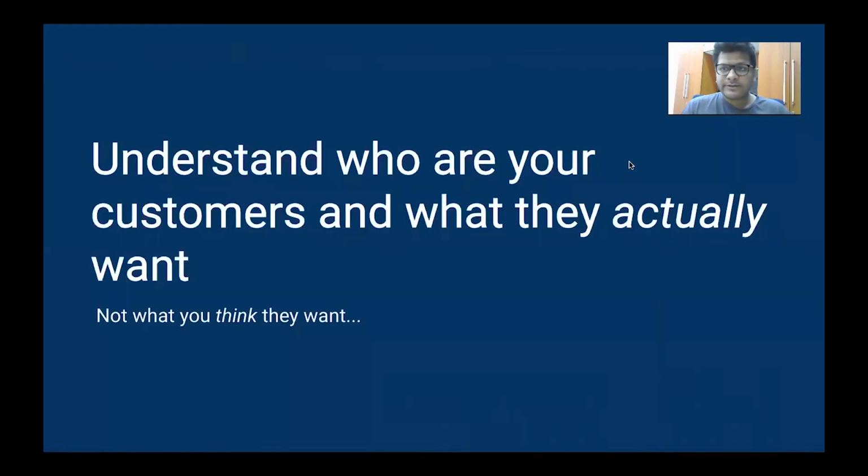The crux of this is that you really need to understand who your customers are and what they actually want. It's not about what you think they want. A lot of times we assume we know the customer. It may work if you have the industry experience, if you've been in the shoes of someone who has solved similar problems, and you're solving the problem because you're aware of what's going on.